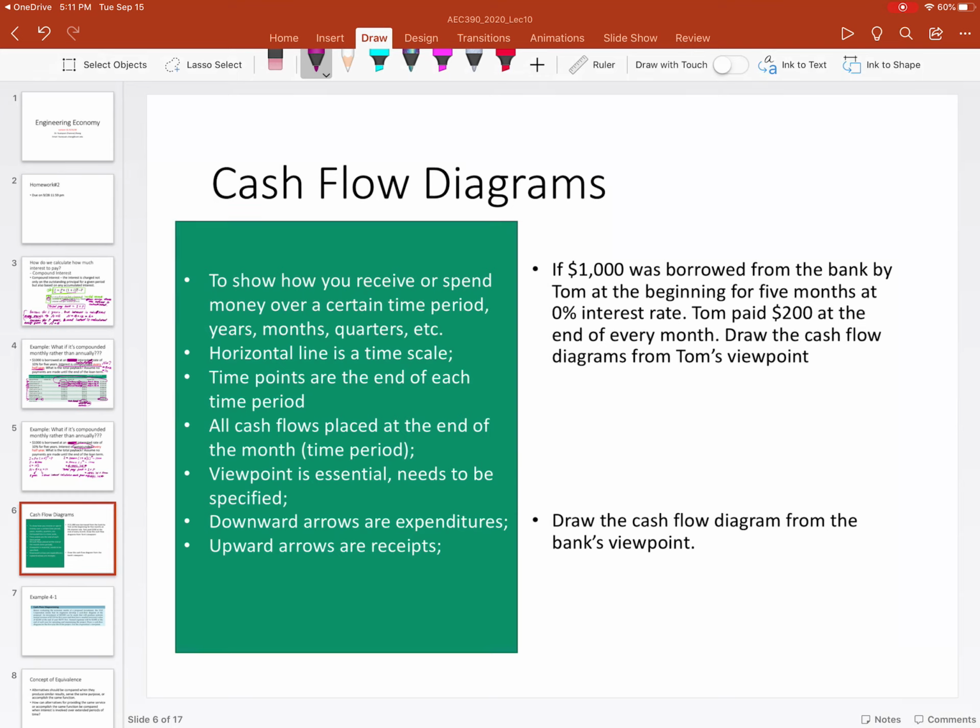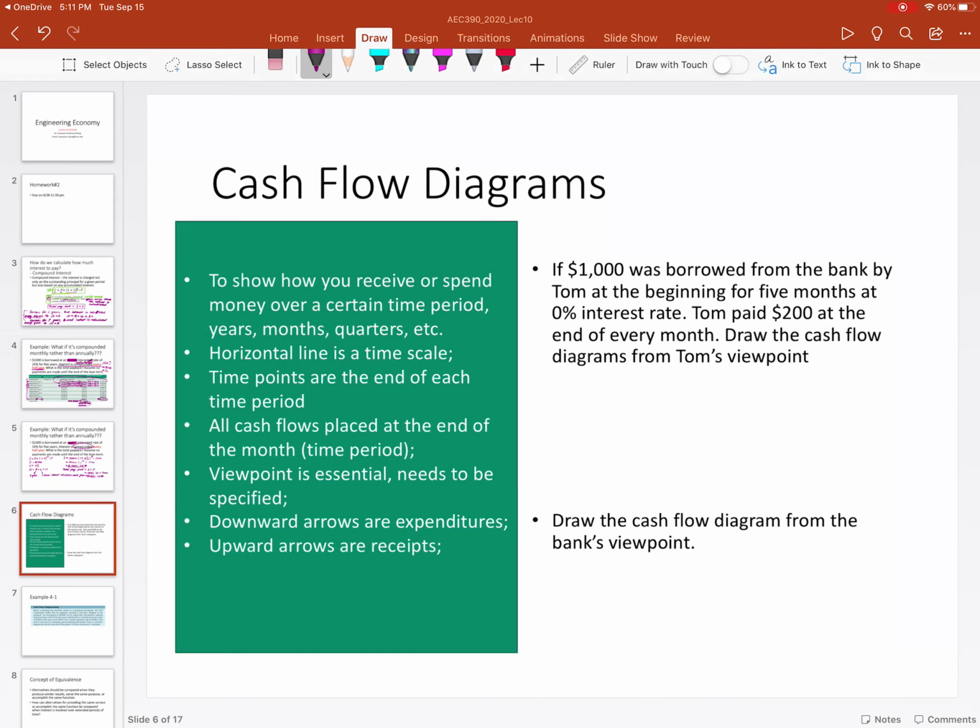Okay, so now let's begin to learn something new. Cash flow diagrams. This is a method for you to describe the cash inflows and outflows during a project on the chart. It's a way to show the money comes in and money goes out.